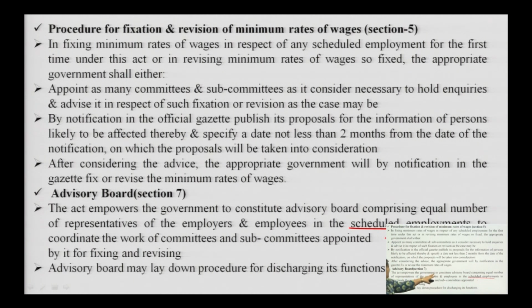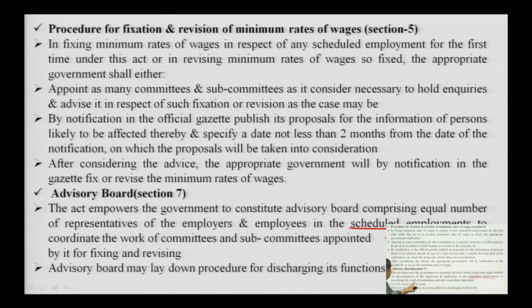So, the advisory board consists of an equal number of representatives from the employers and the employees, and what they do is coordinate the work of committees and subcommittees appointed by it for fixing and revising the minimum rates of wages.